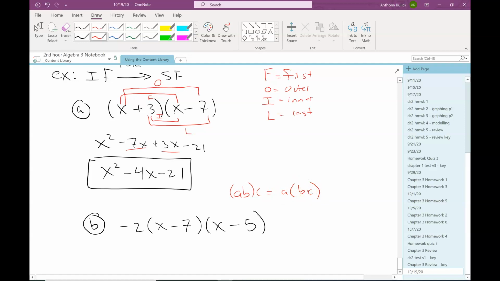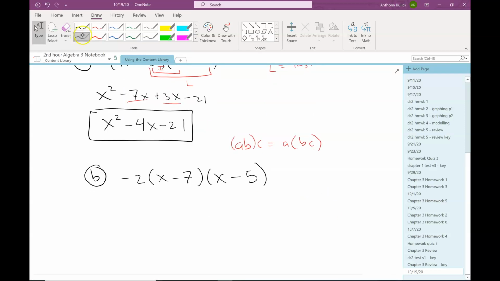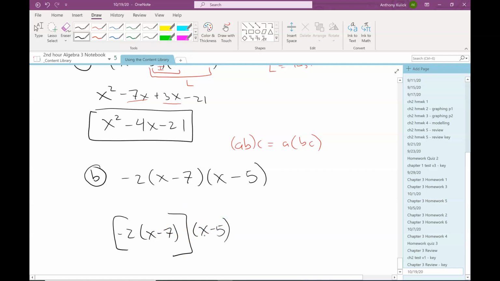So that means that I could either distribute the 2 inside the x minus 7 and then take the result and multiply it by the x minus 5, or I can multiply the x minus 7 and the x minus 5 and then take the result and multiply the -2 through. Either of these is okay to do.